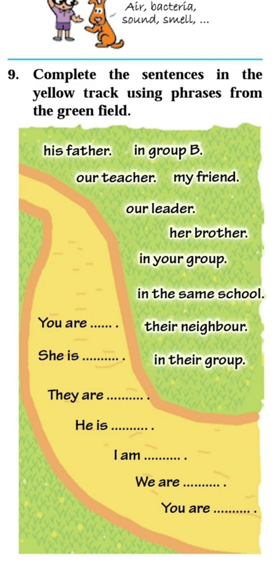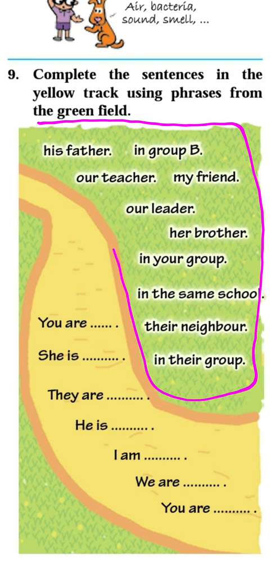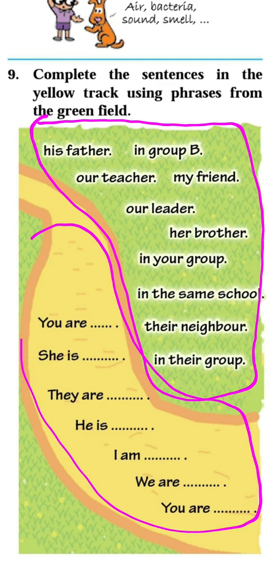Dear students, there are two parts in this activity. First part is green field and second part is yellow track. Dear students, I am going to read all phrases given on green field.